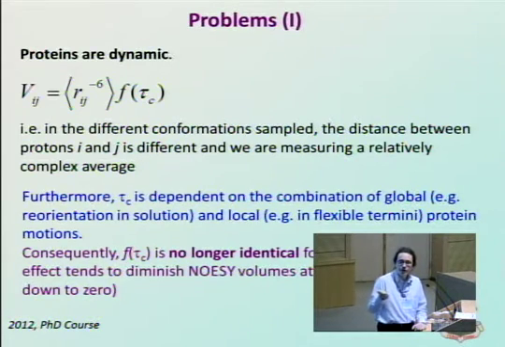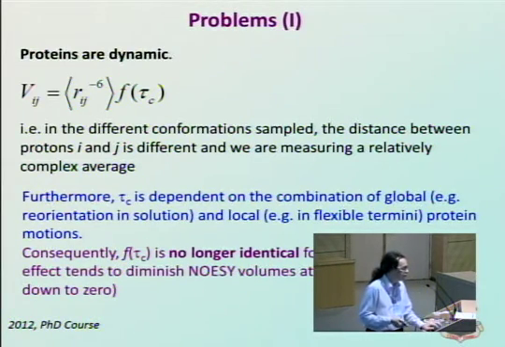And actually, if you are unlucky and this number comes into a certain range of values, you can actually see your peak intensities disappear, even though the distance is within the range you should see an interaction for, because the dynamics is quenching the cross-relaxation phenomenon.